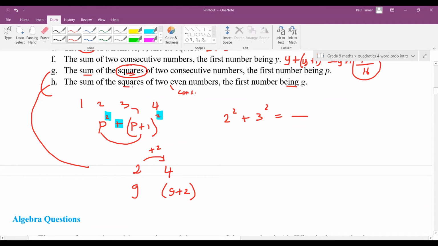But here it says the squares as well and the sum. So we add them and then we square them like that. So the sum of the squares of the consecutive even numbers. So if that was 1 and 3, if you're doing odd numbers, it's exactly the same equation. It would be G plus G plus 2 squared. So odd and even numbers have the same rule for this pattern of G and G plus 2.